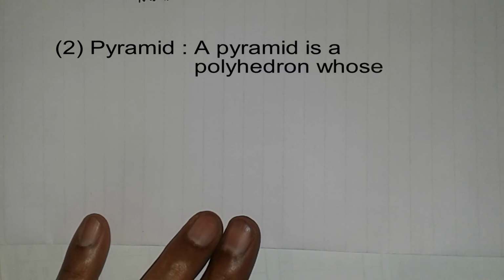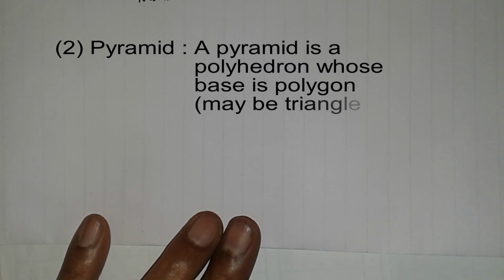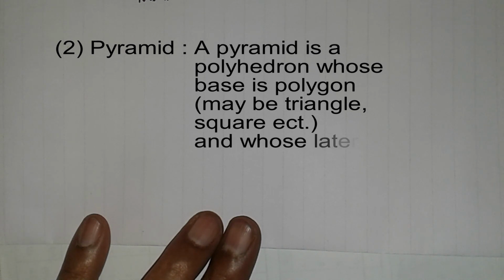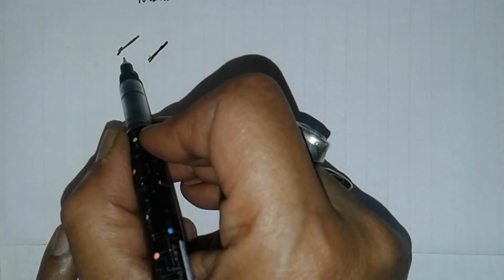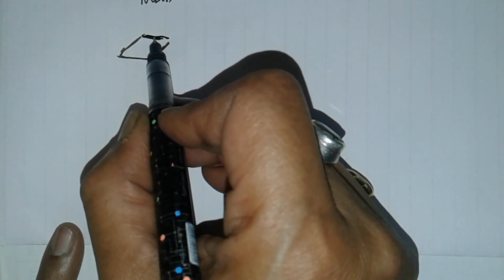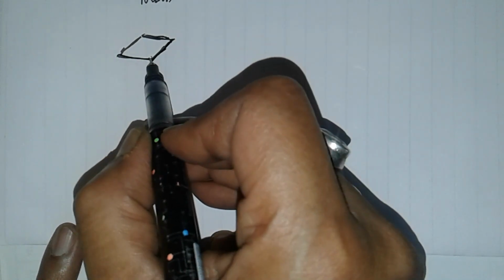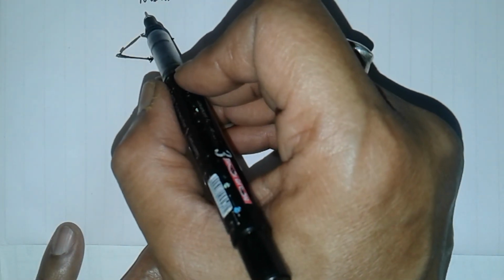A pyramid is a polyhedron whose base is a polygon. It may be a triangle, square, rectangle, whatever it is, and whose lateral faces are triangles with a common vertex. For example, suppose the base is a rectangle. Now suppose this is a point, so join this point.